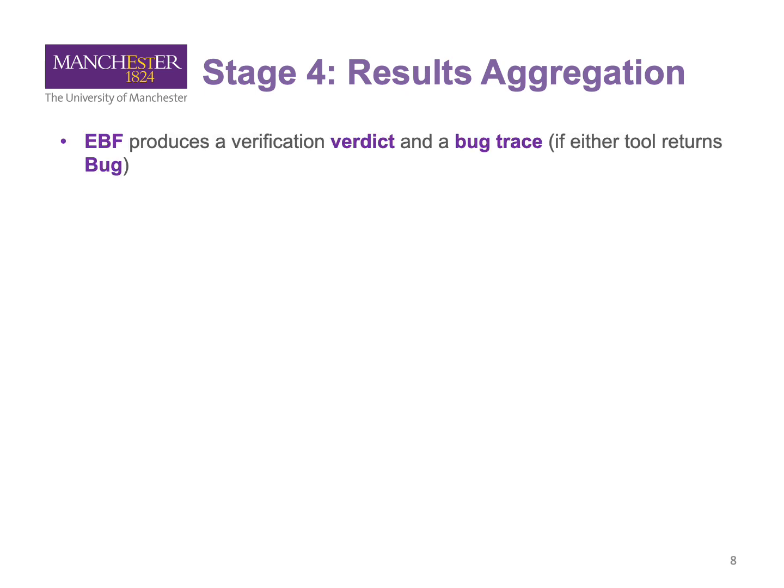At the final stage, EBF performs aggregation of the results produced by the individual tools during the safety proving and the falsification stages. EBF provides two pieces of output: a verification verdict and a bug trace or counterexample if one of the tools detects a vulnerability.